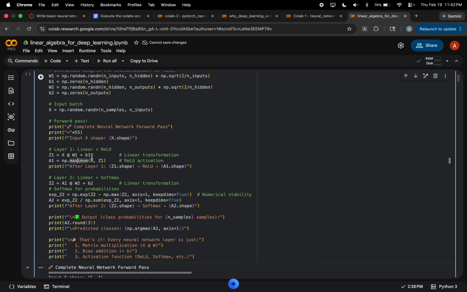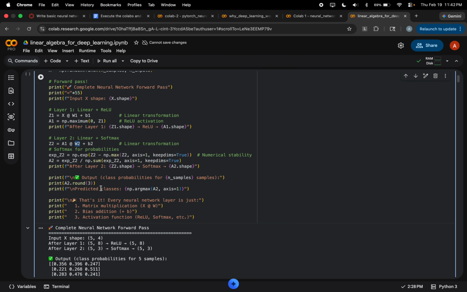And this is the linear transformation which we are using, which is just the input matrix multiplied by weights 1 and the bias. This gives us z1, and then z1 is passed to a ReLU function, and whatever output we got will be layer 2, so it will be matrix multiplied with layer 2's weights and layer 2 bias.